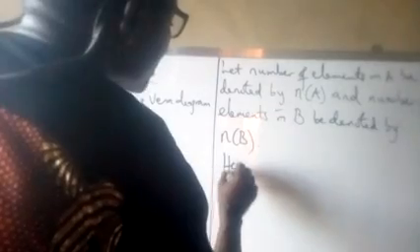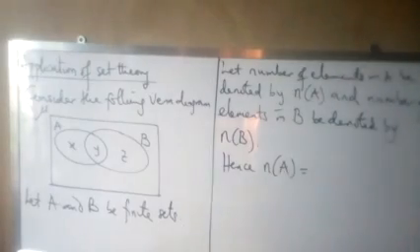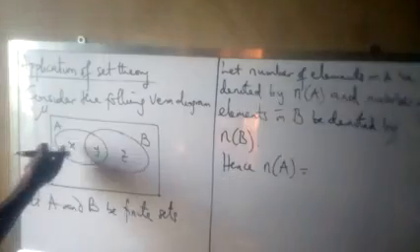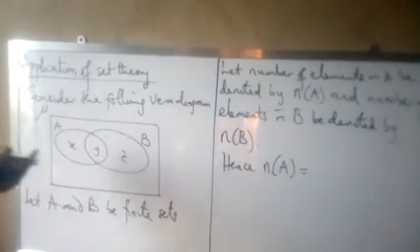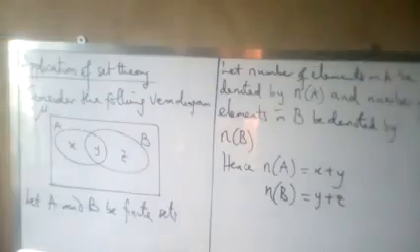Hence the number of elements in subset A is equal to, now looking at subset A, we have X and we have Y, so that will be X plus Y. The number of elements we have in subset B will be Y plus Z. Okay, are we together?